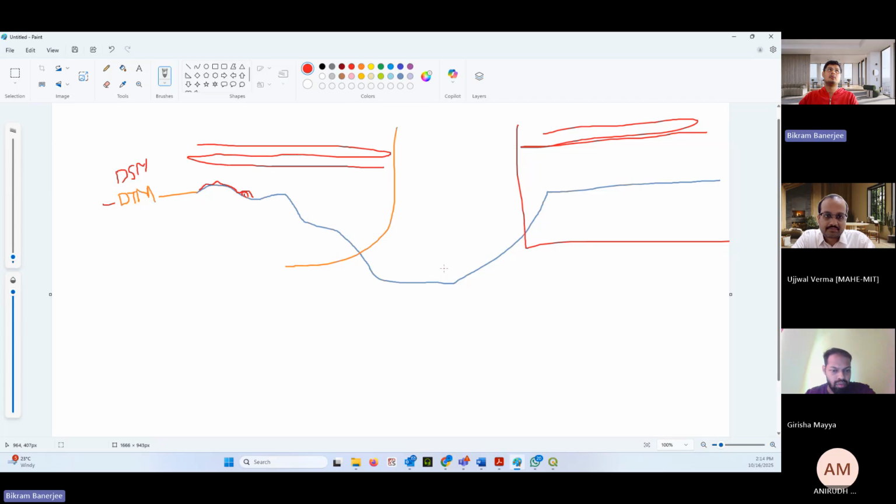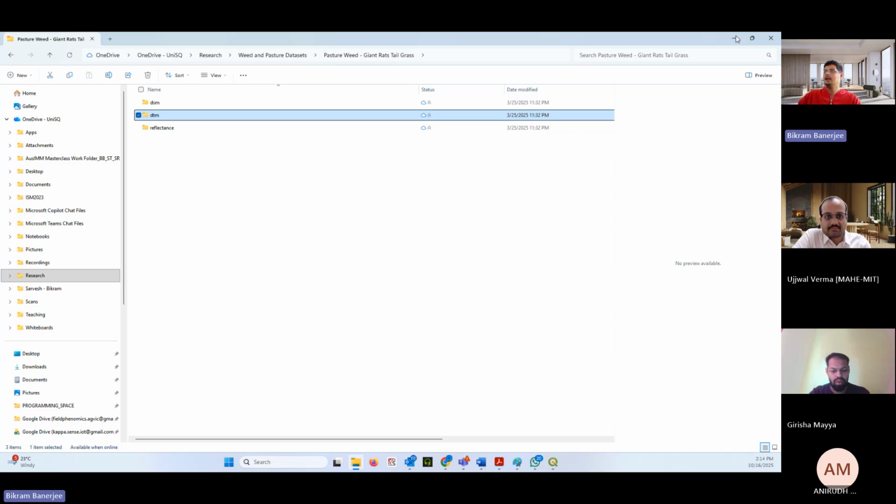It doesn't have any texture information because it is taken from structure from motion, and by the nature of structure from motion at this scale of 6 centimeters plus minus, we wouldn't get a smooth, really fine profile over the crown. So we will get a lobe-shaped or sort of smoothened profile over the giant reptile grass, and everywhere else it will be a bit low. So that's the CHM. You can use it to your advantage if it is there.